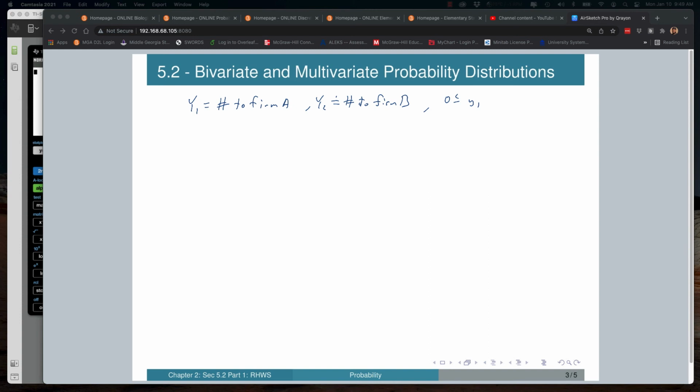The same goes for Y2, because firm B could get both contracts if they wanted to, or they could get none of them. That's our range for our random variables.